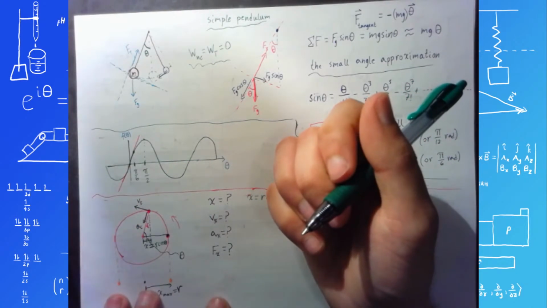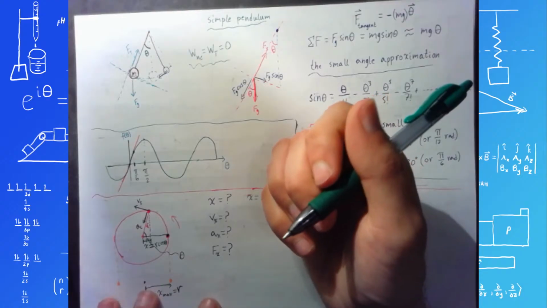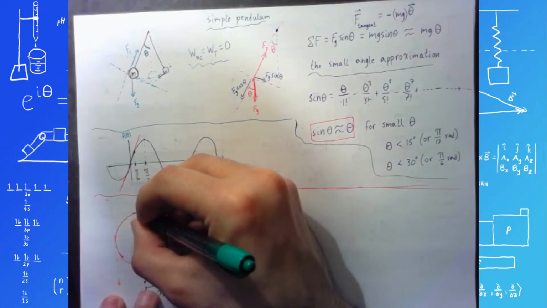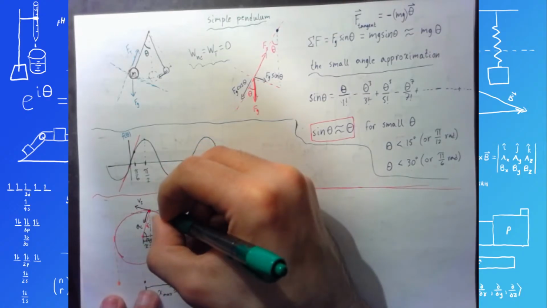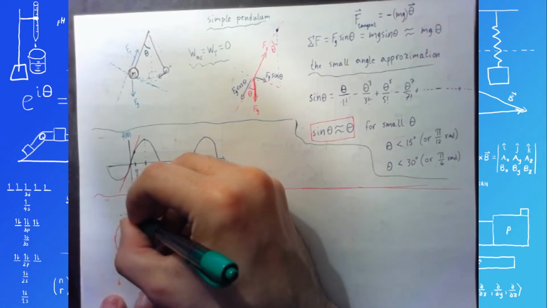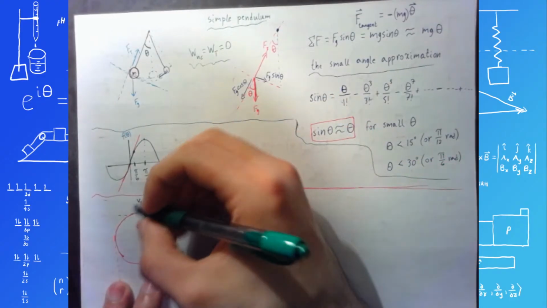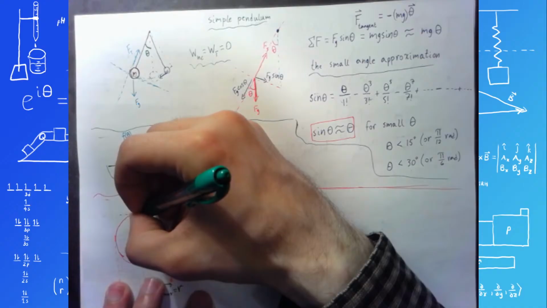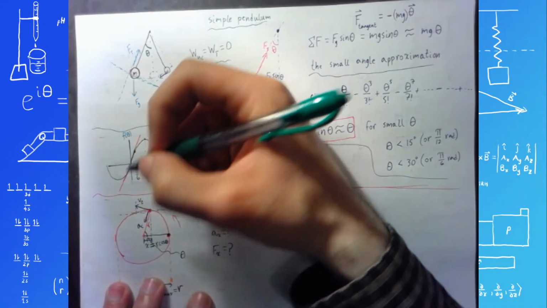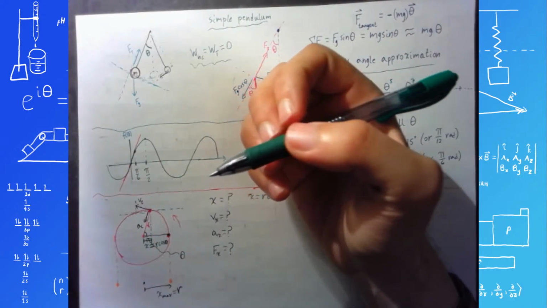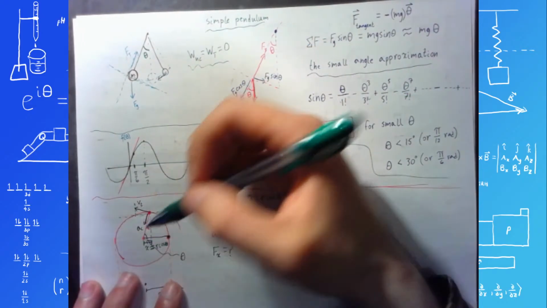Vx is next, so the x component of the tangential velocity. Well, I guess I would have to draw a horizontal line over here and make another right triangle, so I guess I'm going to have to draw a vertical line as well. And let's see. Which of these angles would be equivalent to this theta over here?